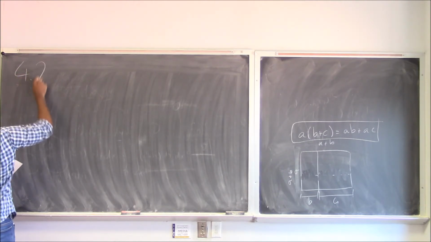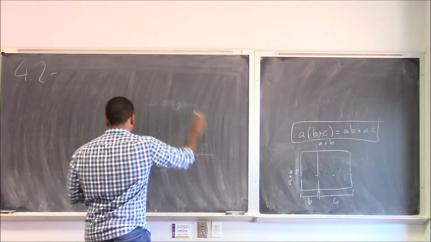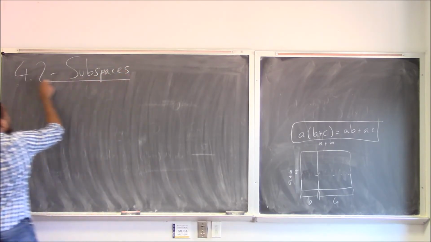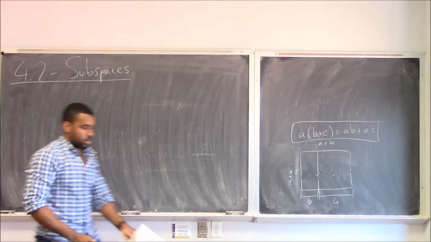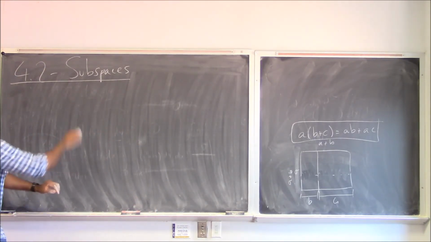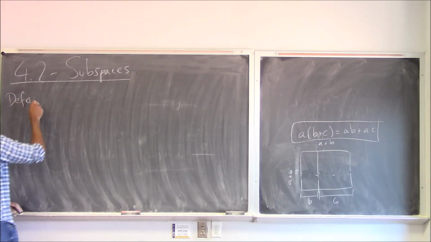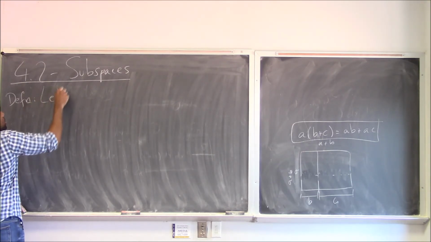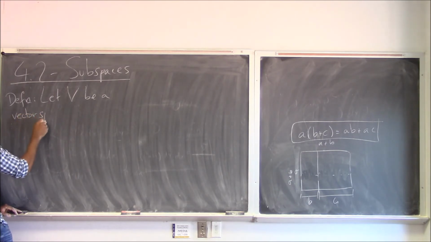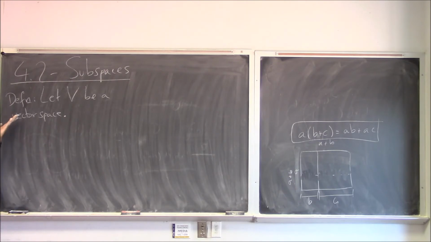Let's talk about subspaces. And by definition, we'll also talk a little bit more about vector spaces here. Let V be a vector space, and this will be an abuse of notation.